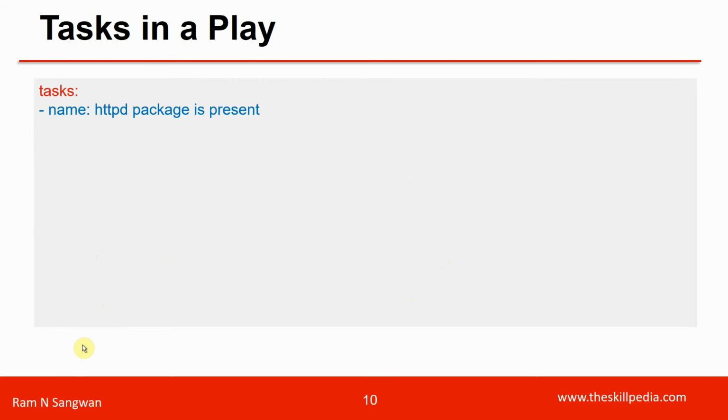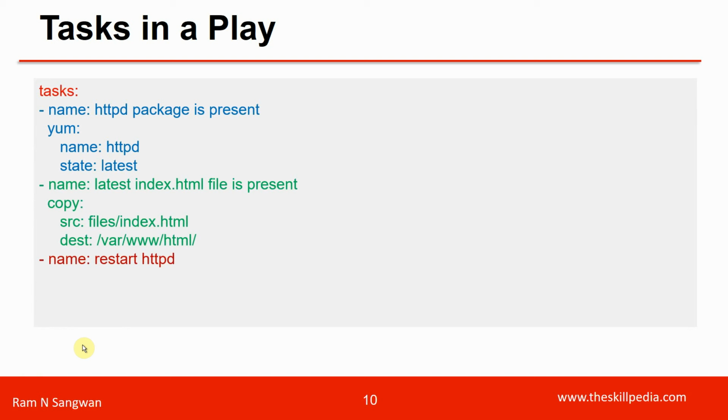So tasks, let's review. Task name, HTTPD package is present. Module used yum, name httpd, state latest. So one task over. Second task: name, latest index.html file is present. Module copy. What to copy?